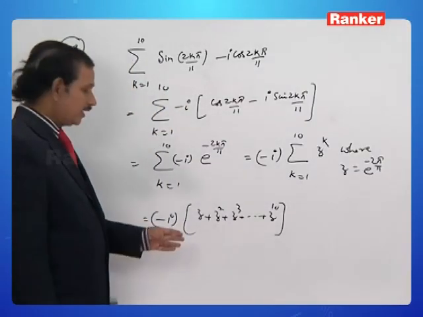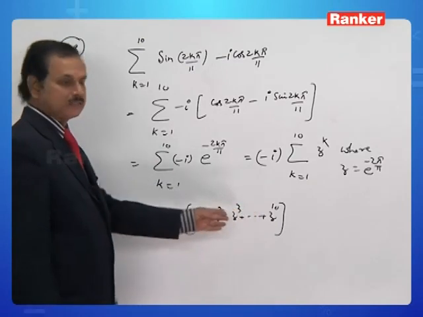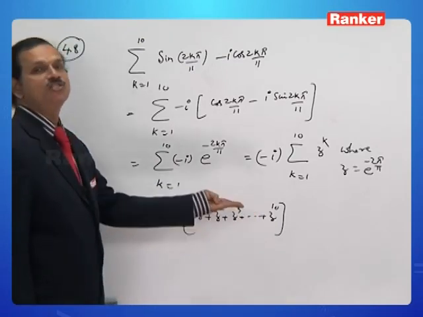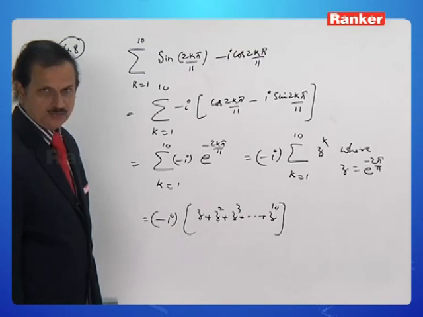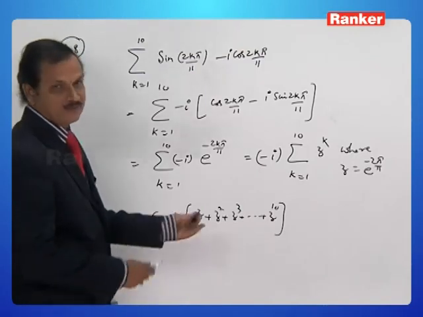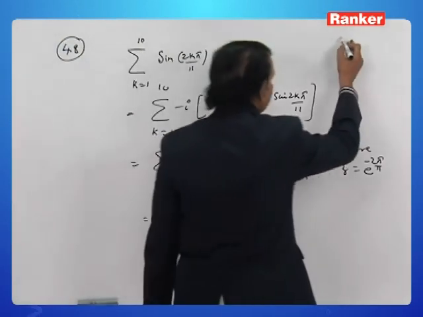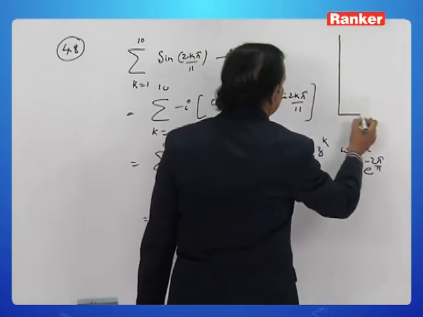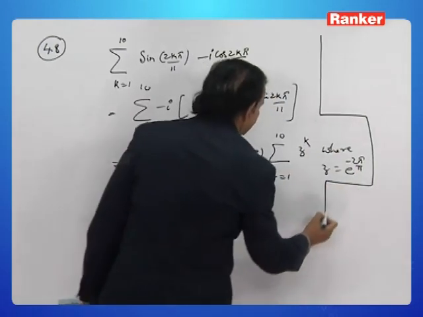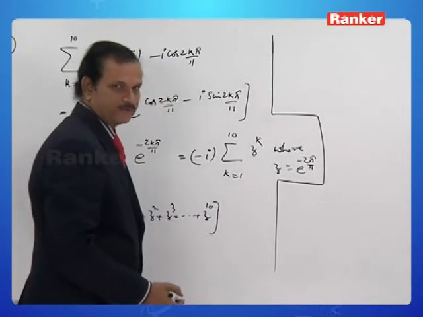Again, the number inside the brackets is a sum of a GP containing 10 terms: z, z square, z cube, etc. And you can estimate it by making use of the formula for the sum to n terms of a GP. How can you do that?